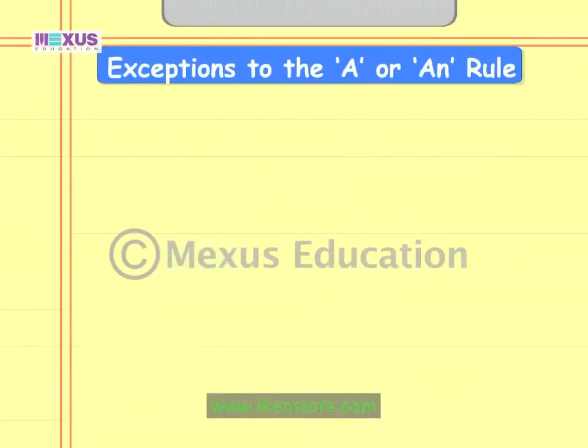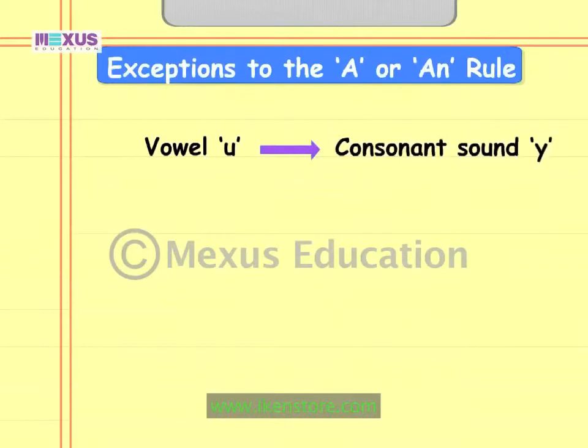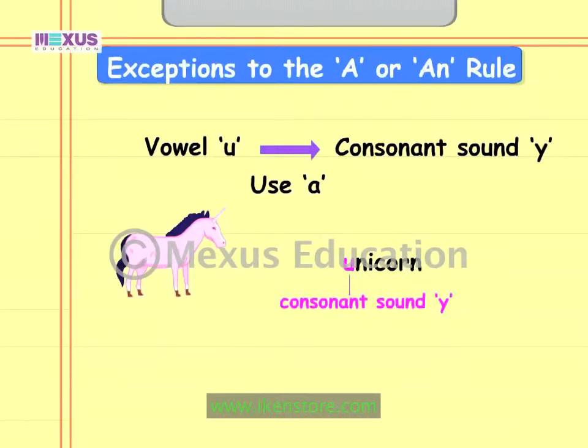We use this rule for some other words as well. Sometimes words that begin with the vowel U have the sound of a consonant y. We use a before such words. Let us take the example of the word unicorn. Here, the vowel U has a consonant sound, or the sound of the letter Y. We say yunicorn.